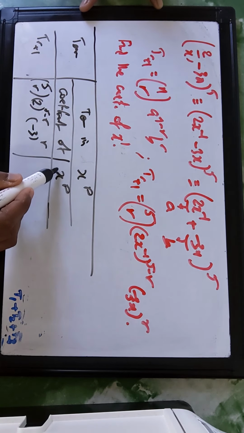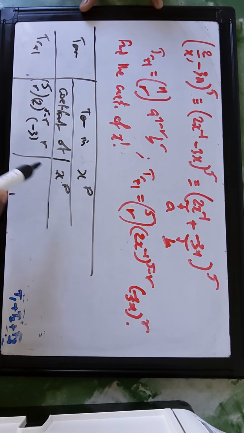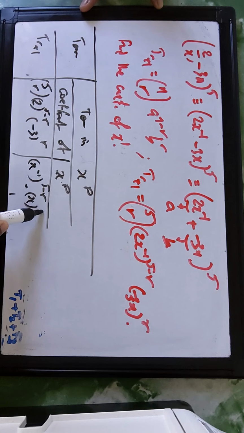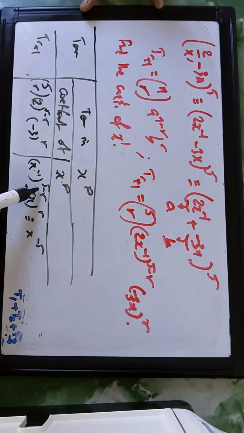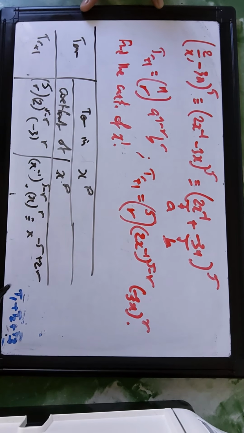For the power of x, we take only the x component: x^(-(5-r)) times x^r. We combine these powers: minus 5 plus r plus r, so minus 5 plus 2r.